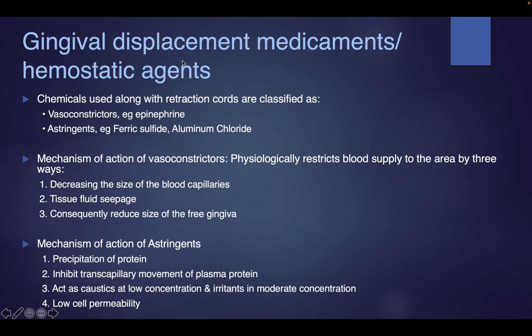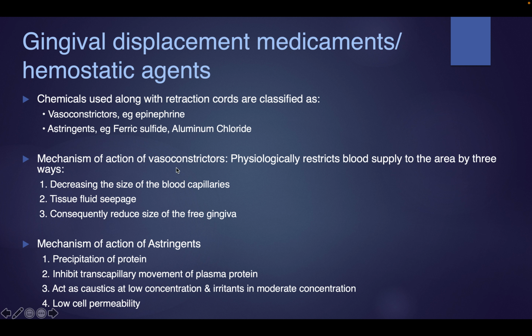Now, the medicaments. What are you gonna apply into the cord? What are you gonna use as a hemostatic agent to have the chemical effect of gingival retraction? So basically, you wanna shrink them in size and make them non-bleeding. To do that, you can use either vasoconstrictor by removing the edema in them, or astringents.